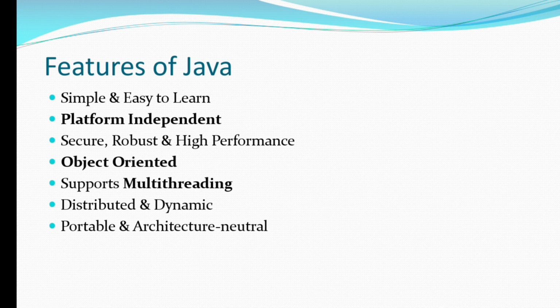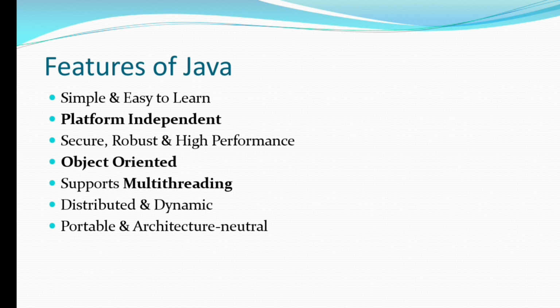Why it is platform independent: the code of Java will run on any operating system, whether it may be Windows or Linux or any other. But when it comes to platform dependent, the code won't work on every operating system. It will work only for a particular operating system.